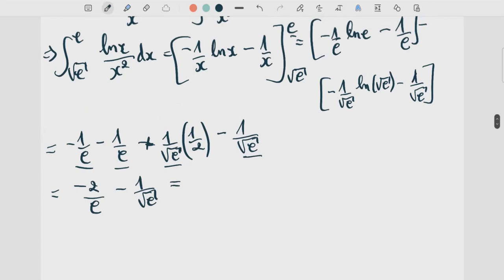Oh, this is my mistake as well. There's a minus here and a minus there, so this should be positive now. So plus. So this should be the final answer.